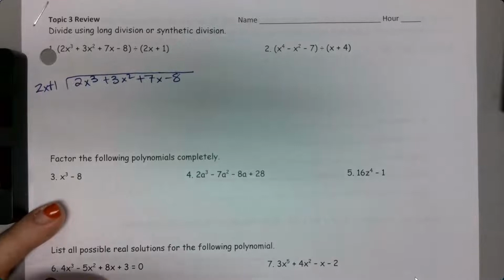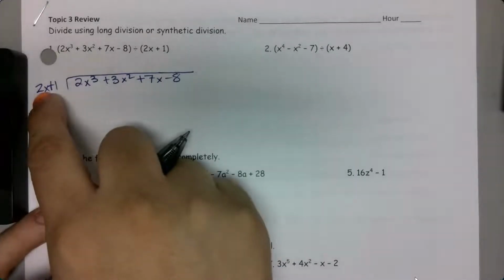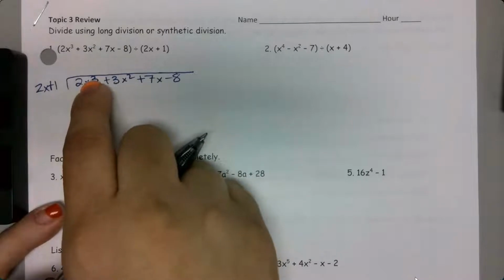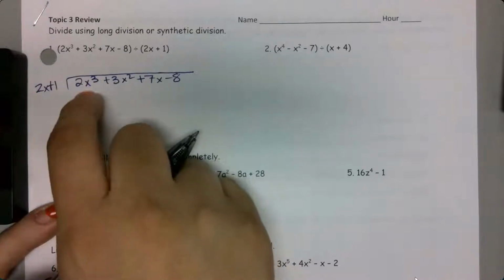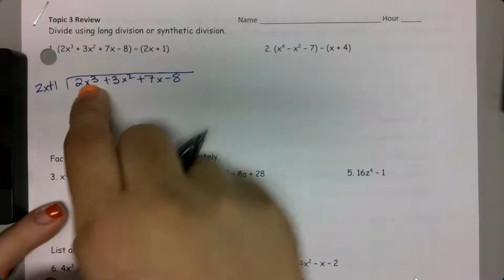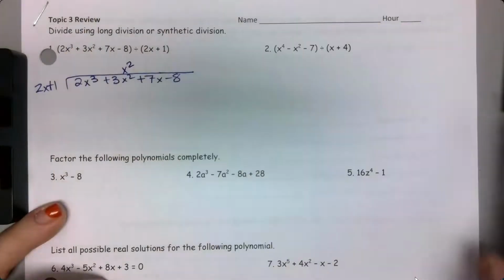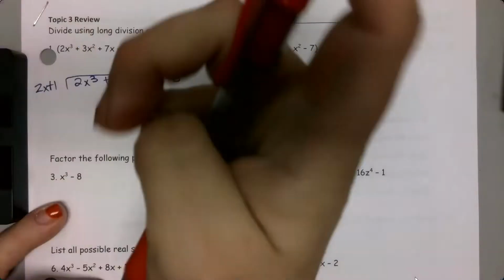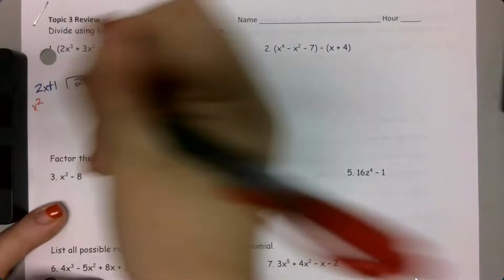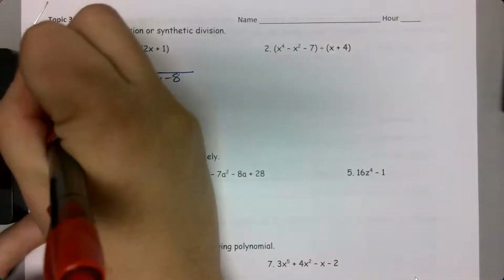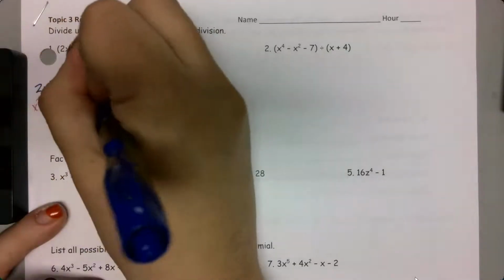Then I'm looking for what I need to multiply my leading term by to turn it into my other leading term. So they both have a 2 out front, but I need 2 more x's, so I'm going to multiply it by an x squared, which is going to give me 2x cubed plus x squared.